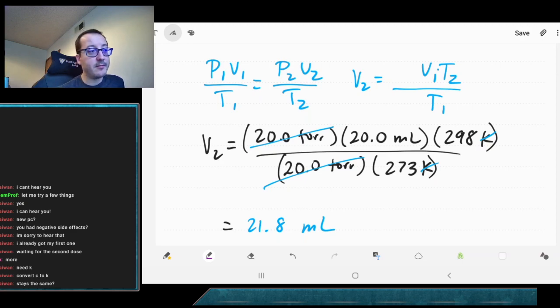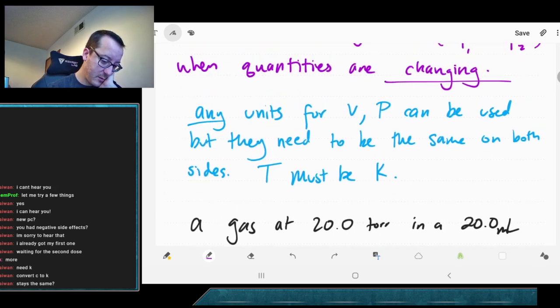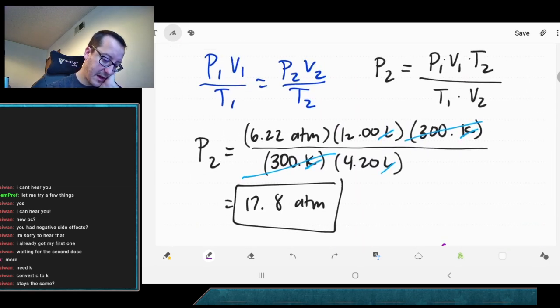Just like, remember, we can omit the moles, because moles typically are not changing if you're using the same sample of gas. We just got rid of those from the equation. But if anything else is the same, you can just get rid of those. I'm going to just put it back here just so the notes are complete. I think in this one, we had the temperature being the same.